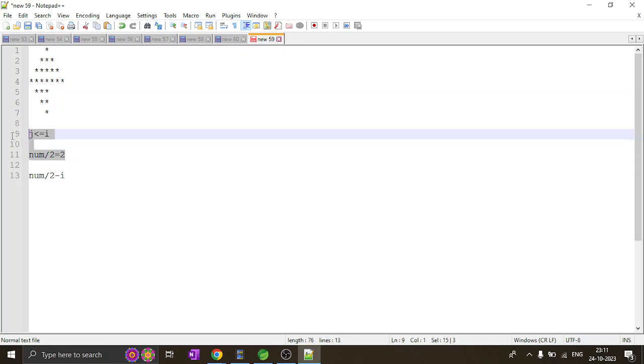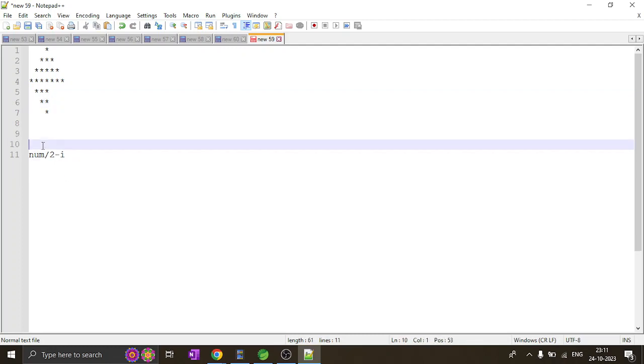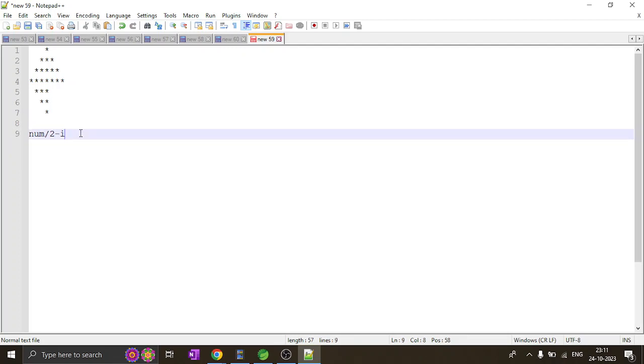So we had this condition num by 2 minus I. So what we can do is that we can have num by 2 minus I minus 1 condition, right? Let's consider the num as 7.